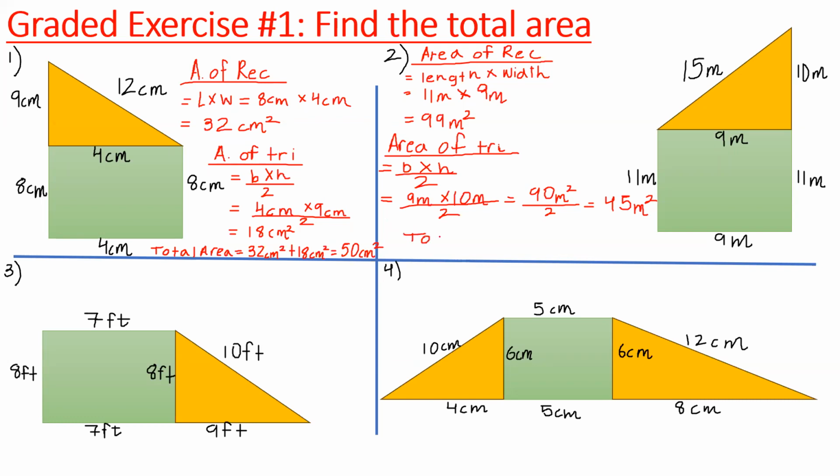Okay. Total area now. How are we going to get total area? Finish it up, Michael. To get total area, you have to find 99 meters squared plus 45 meters squared.